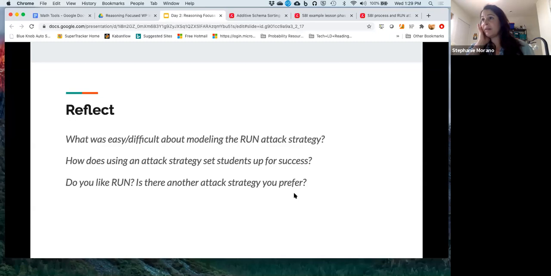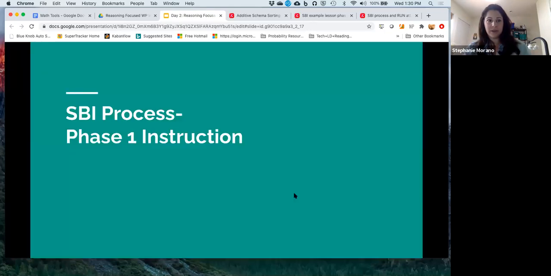People familiar with that one? Understand the problem, plan, solve, and check. That's another very simple, very straightforward, generalizable one that I also like a lot. All right, I'm not seeing anything pop up, so we'll keep moving here.